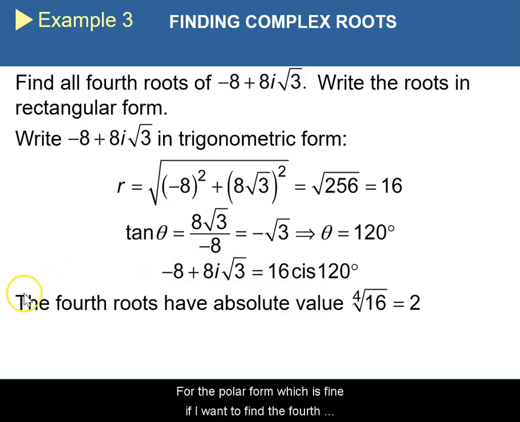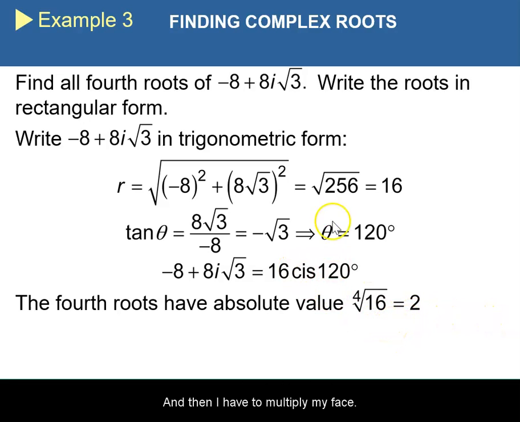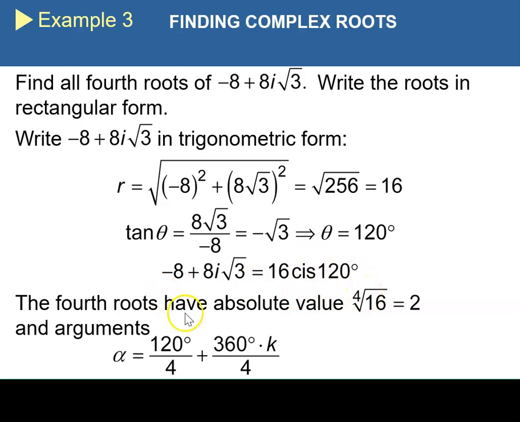If I want to find the fourth roots, I need to find the fourth root of the radius, which is 2, since 2 times 2 times 2 times 2 is 16. Then I have to multiply my theta times 1/4, I should say. Apologies. Each of my alphas follows this form.